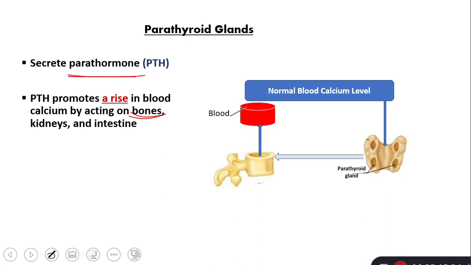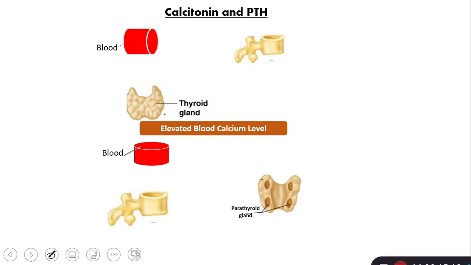This hormone, parathormone, as well as calcitonin that comes from the C cells of the thyroid, both are not under the effect of the pituitary gland. They are controlled by the blood calcium level. So in case of elevated calcium level, what hormone is going to be released?